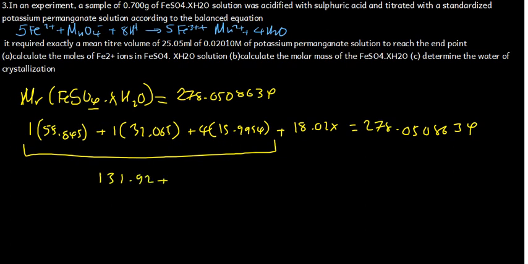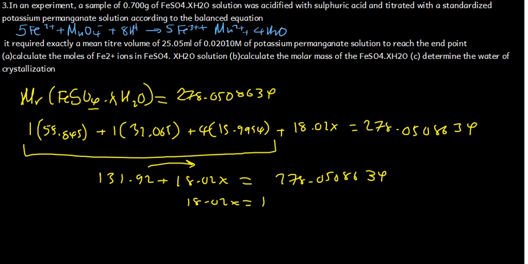So if we work this out on the calculator, we are going to find 131.92 plus 18.02x, and that should give us 278.0508634. So taking this value to the other side, we remain with 18.02x being equal to 278.05 minus 131.92, which will give us 126.1308634.